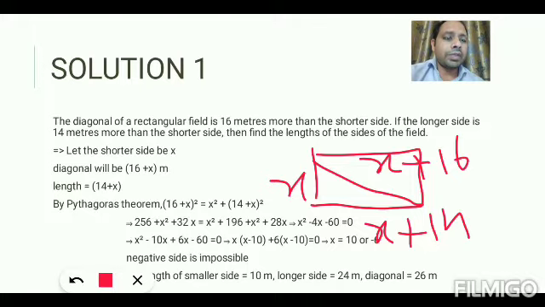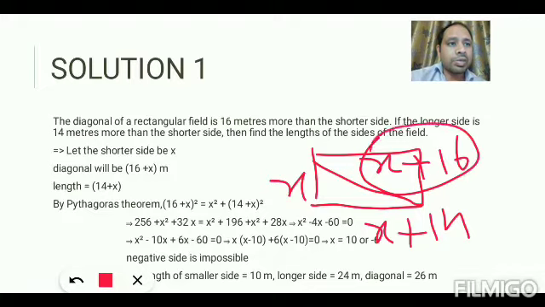If you observe this figure, the diagonal divides the rectangle into two right angle triangles, and if we consider this triangle, we can apply the Pythagoras theorem. It is very clear from the figure that the hypotenuse is x plus 16, and the other two sides are x plus 14 and x, right?